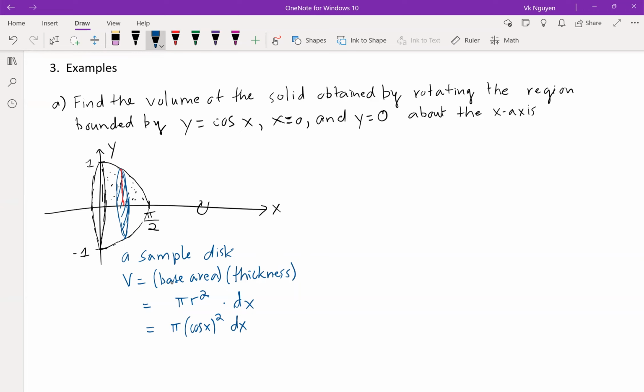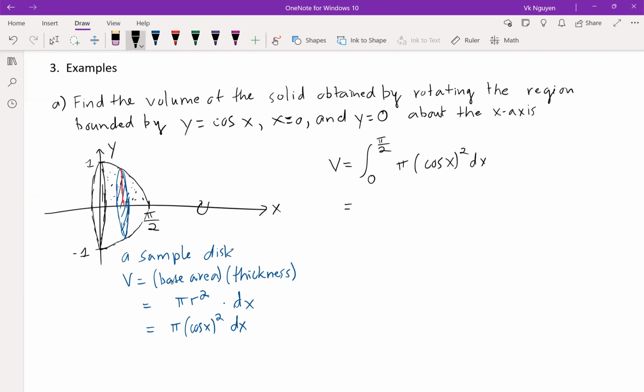Next, in order to compute the volume of the solid, we add them up. The limit of the Riemann sum is, of course, the integral. And so the volume is the integral from 0 to pi over 2 of the sample volume, pi cosine squared x dx.